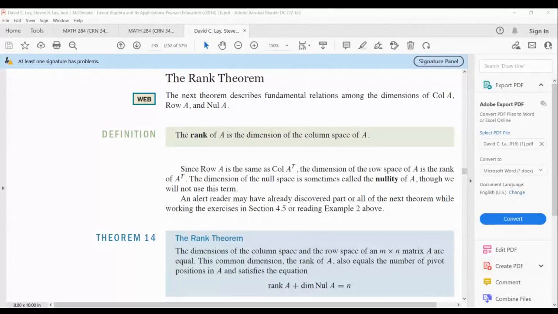Okay, so we are continuing section 4.6. Section 4.6 deals with rank.